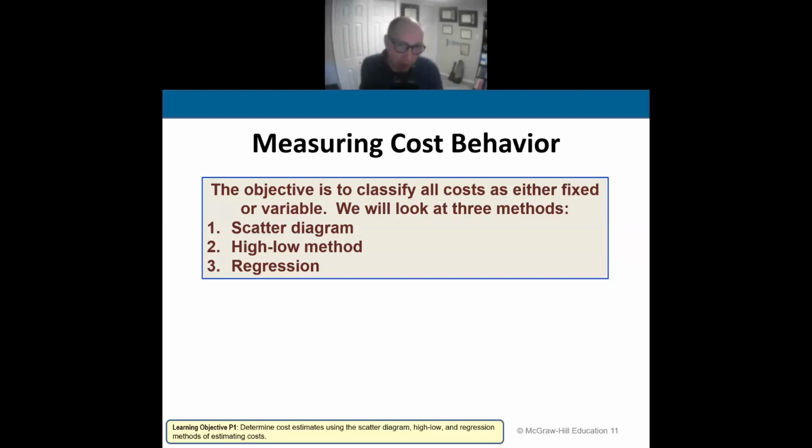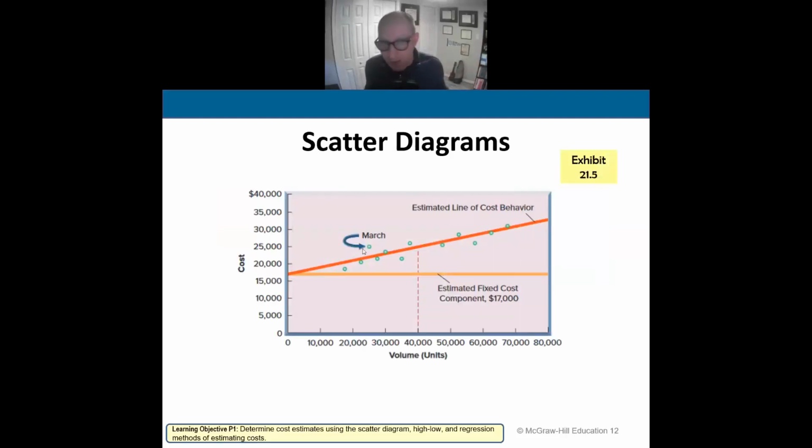And the reason for that is because it helps us to see the differences in each month with respect to fixed and variable costs, how they change in each month. And that way we can get an average in order to estimate production in the future. That's why I think the high-low method is important. The other two, nice to know, but not super important.